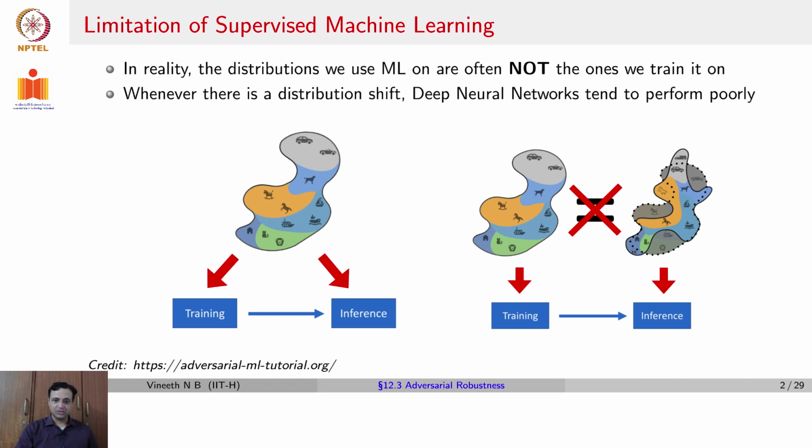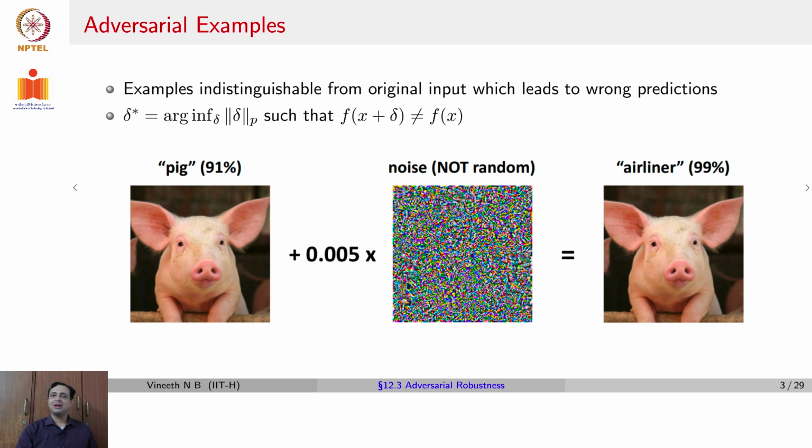Whenever there is such a distribution shift, then machine learning models, especially deep learning models, suffer and tend to perform poorly. One such scenario where this distinction becomes even more prominent are what are known as adversarial examples.